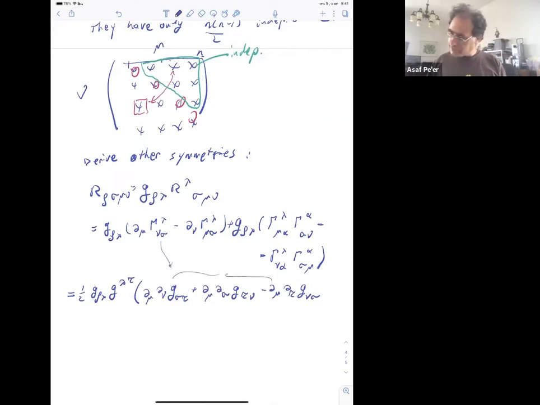And now for the second guy, I have to go to the next line. Minus d mu G sigma tau minus d mu d sigma G tau mu plus d mu d mu d tau g mu sigma.